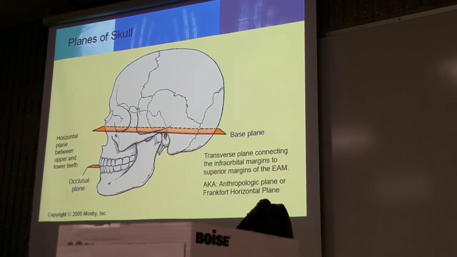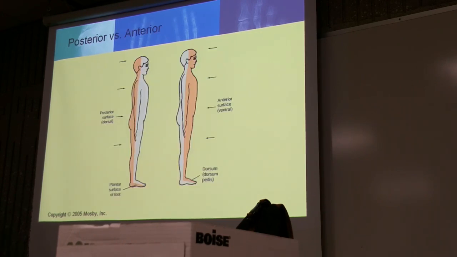Just for an example. All right, so based on the anatomical position, you have your posterior surface, also known as the dorsal surface. This is what you're going to get out of this: to describe the same thing, there may be 2 or 3 different words, 2 or 3 different terminologies. Okay, welcome to medicine.